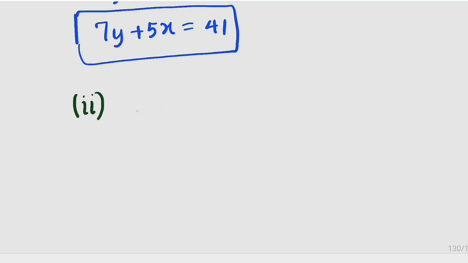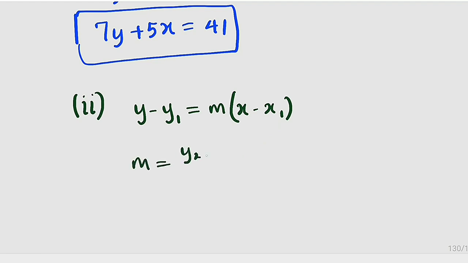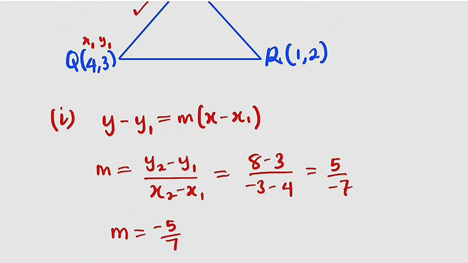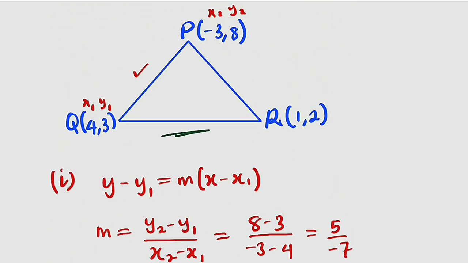Roman 2, we use the same equation, y minus y1 equal to m times x minus x1. Let's find the slope, which is m equals y2 minus y1 divided by x2 minus x1. So we're looking for QR, right? This one.